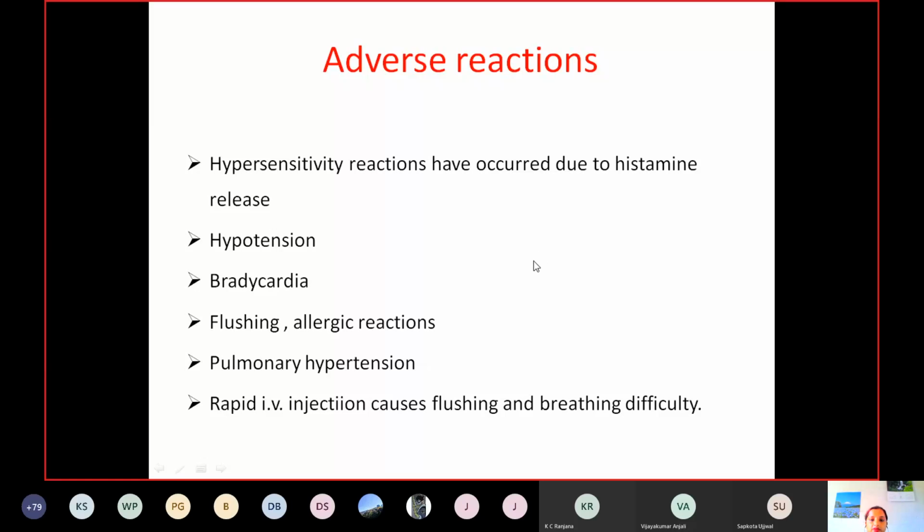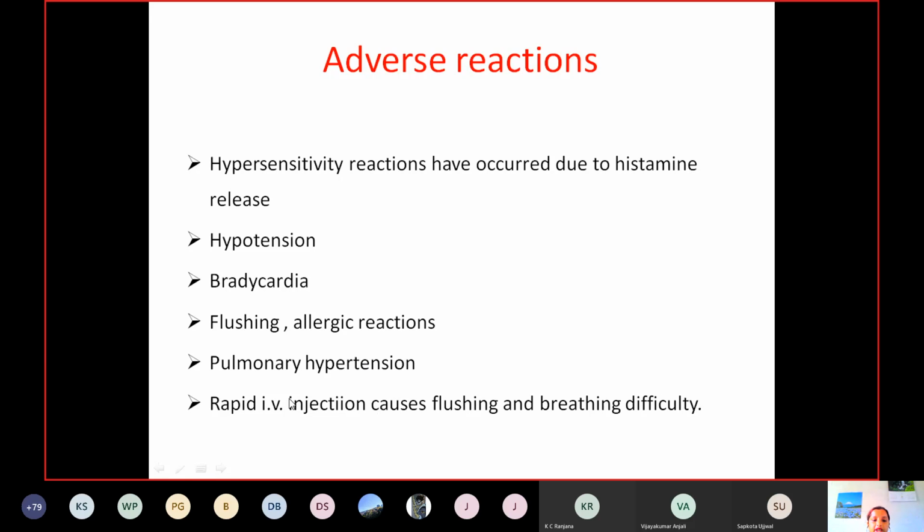The adverse effect of protamine sulfate is a hypersensitivity reaction, which occurs due to histamine release. Because of that, it causes hypotension, bradycardia, flushing, allergic reaction, and pulmonary hypertension may also be seen.